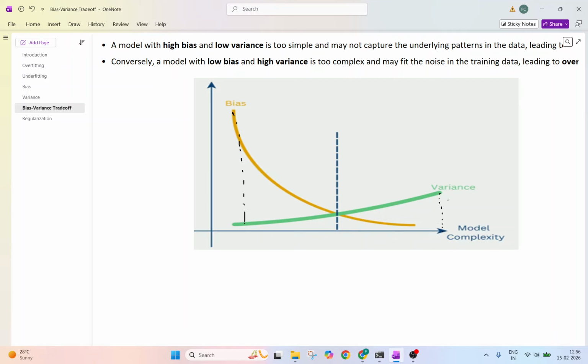Let me think of an example. Let's say you make the student too simple, if you instruct the student to be too simple, it would have high bias because it is very simple. It doesn't understand the complexity of the real world.